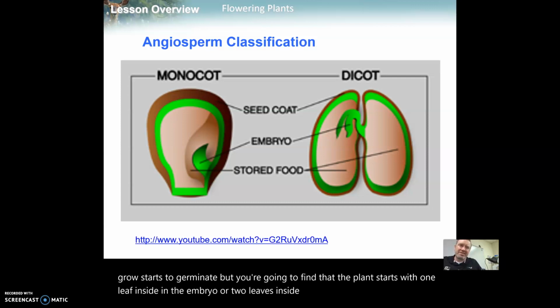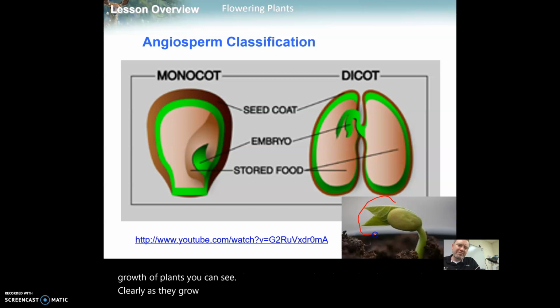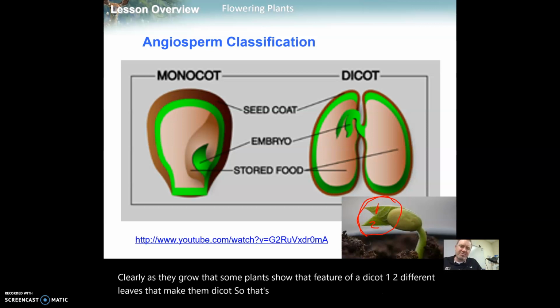And the video I have linked there, I'll put on the Teams for you. That video shows you the growth of plants, and you can see clearly as they grow that some plants show that feature of a dicot, two different leaves that make them dicot. So that's the big reason behind the name of monocot, dicot, but there are others as well.